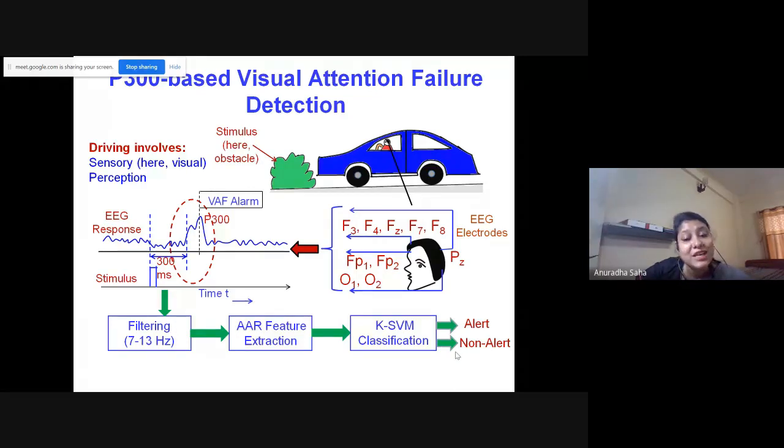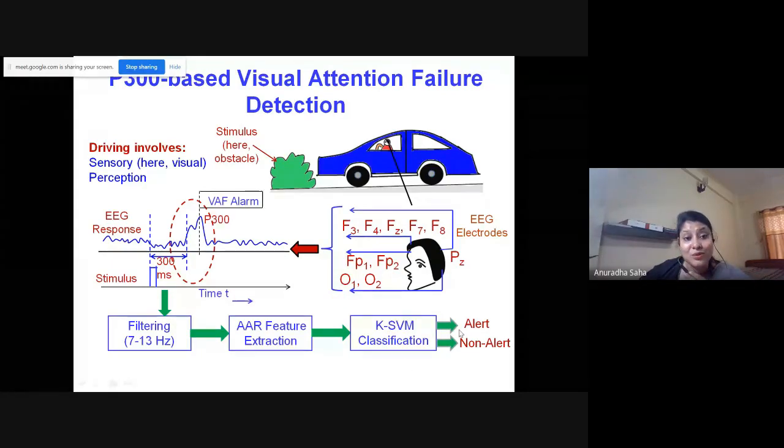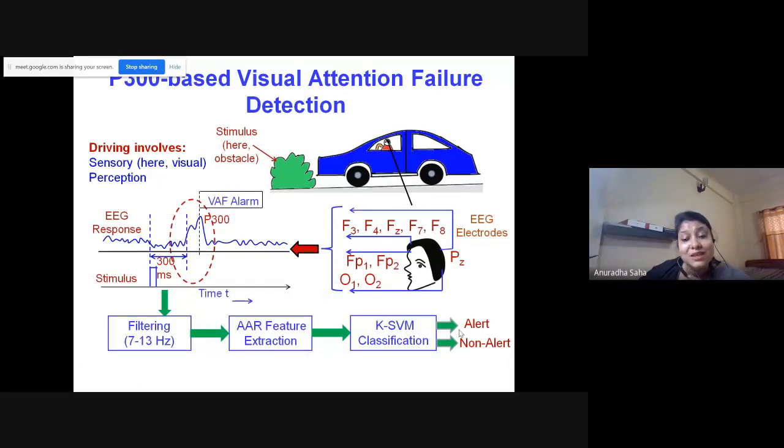You should have a set of data coming from the EEG electrodes when the person is alert, and certain prior data when the person is not attentive. You compare the real-time data with what you previously had in your database, train your classifier in that manner, and obtain the classification result of whether your driver is visually alert or non-alert.